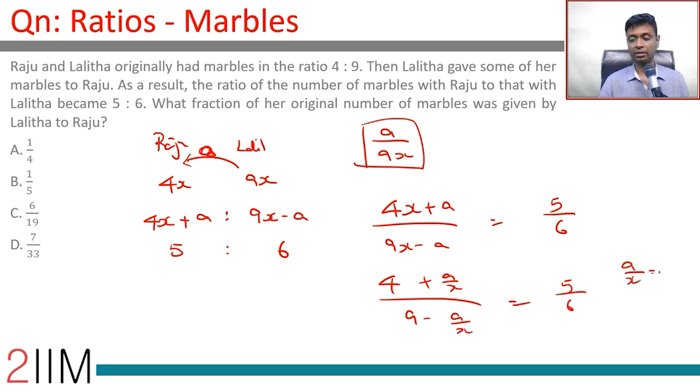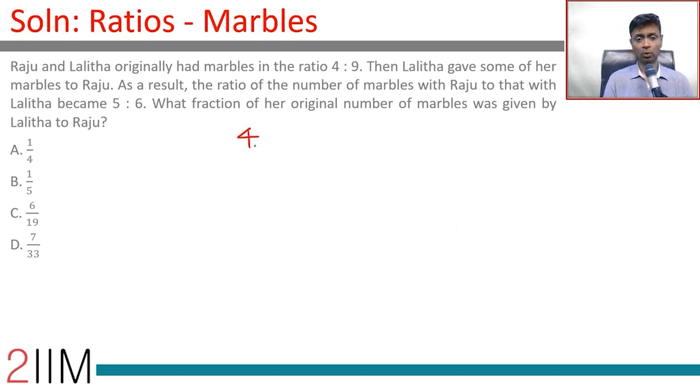Let's say a by x is k. We want to find k by 9. So let's simplify this. 4 plus k by 9 minus k is 5/6. K is a by x. We want to find a by 9x.